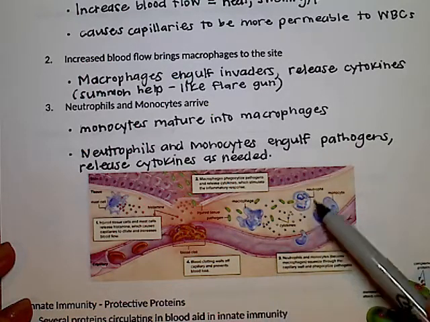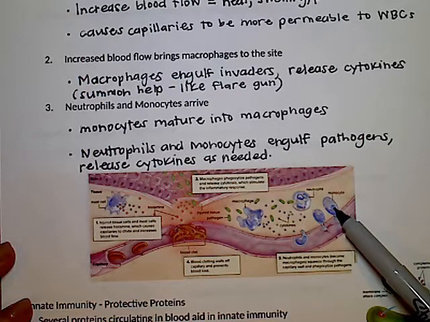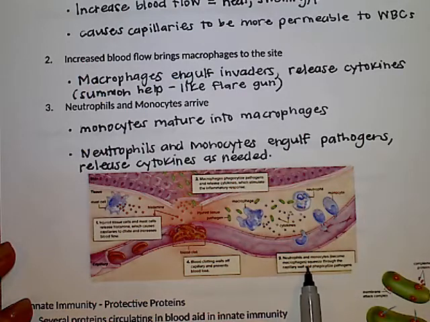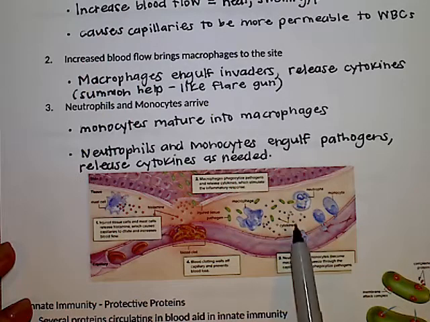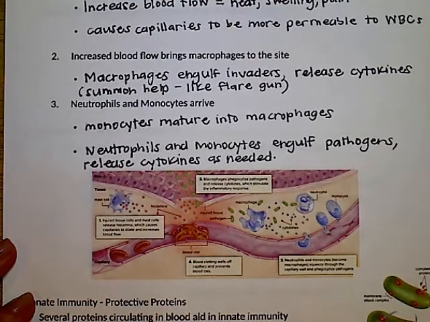You'll get neutrophils and monocytes becoming macrophages, and they squeeze through the capillary walls out into the tissue and gobble up those pathogens, the green guys. And then back to the blood clot. Blood clotting walls off the capillary and prevents blood loss.